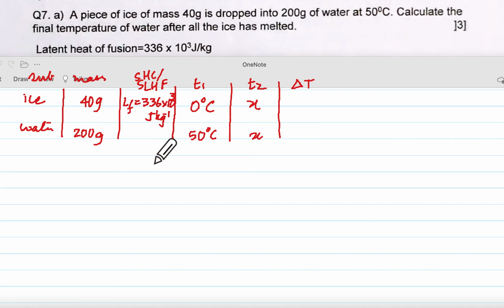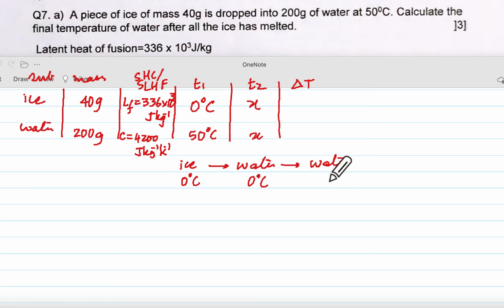And calculate. Okay, so now for water they have not given you SHC, so that will be 4200 joule per kg per Kelvin. All right, this is melting ice, so you have to show the schematic diagram. Ice at 0 becomes water at 0 degrees, and that becomes water at x degrees C. Call this Q1, call this Q2.